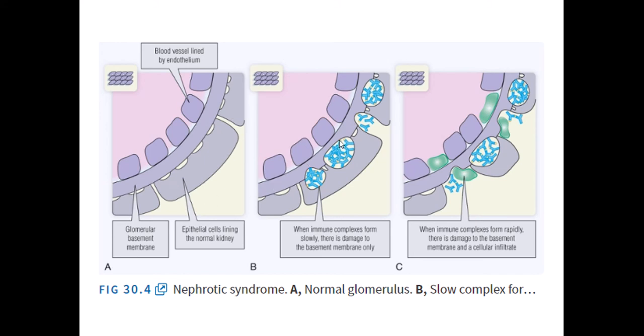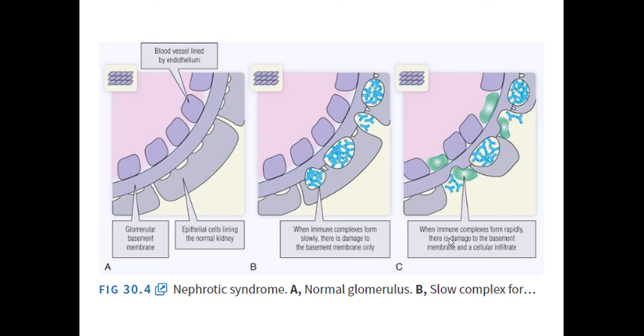And when the immune complexes deposit over the basement membrane, then complement will be activated, and then PMNs will come into the area and cause destruction to the basement membrane.